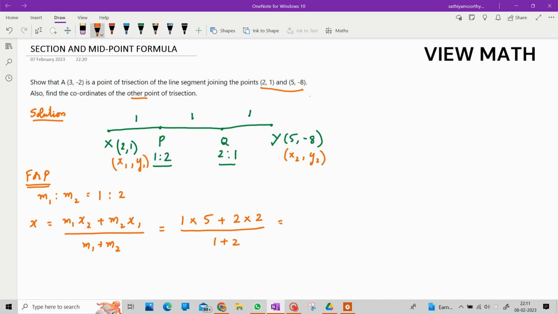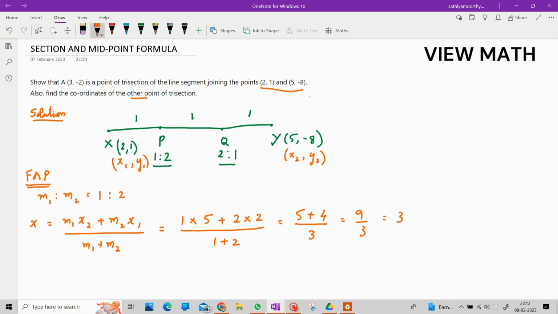So if I simplify, I get 5 into 1 is 5 plus 2 into 2 is 4, divided by 1 plus 2 is 3. This is equal to 9 by 3. So this is equal to 3.